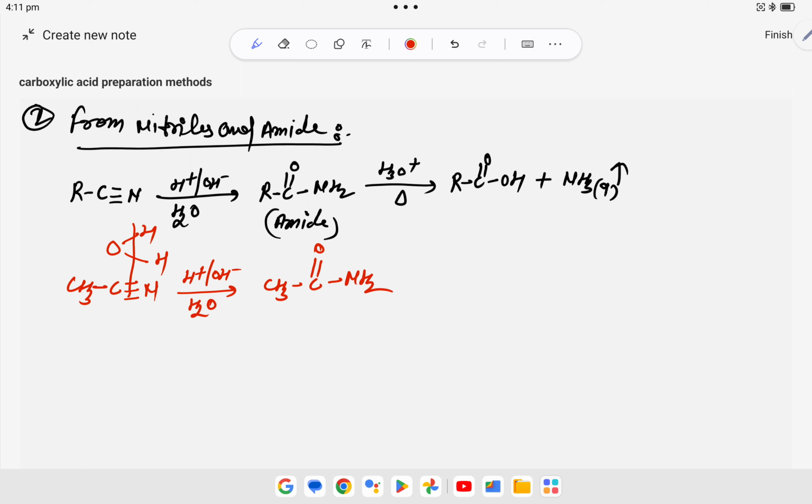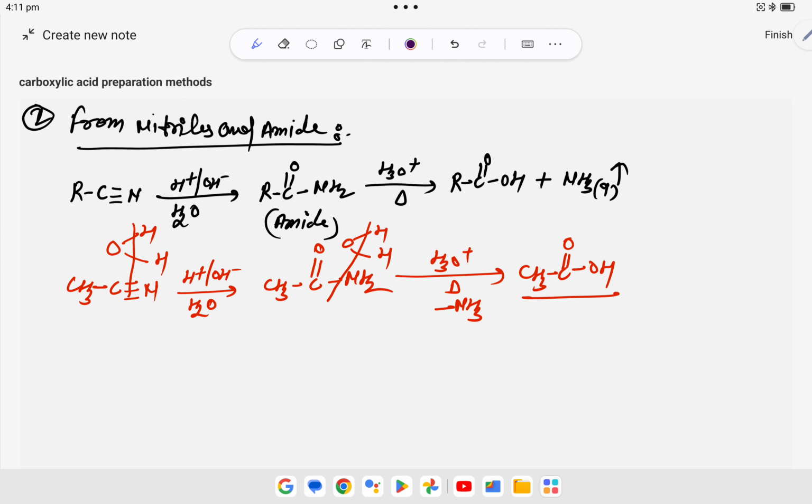Amide formation done. Then next again you have to perform hydrolysis and heat. So oxygen and two hydrogens, from here NH3 is released, and your product CH3 C double bond O single bond OH, acid formation, is done.